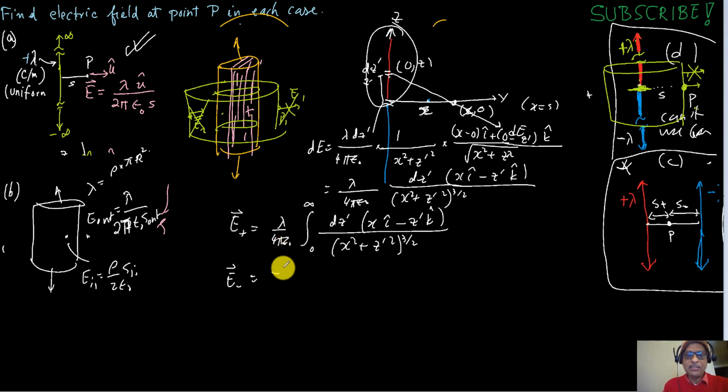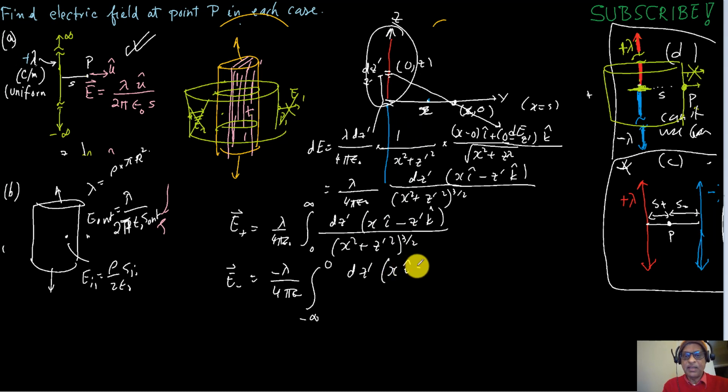The other one will be minus lambda over 4 pi epsilon naught, integral from minus infinity to 0 of dz', the same type of thing.